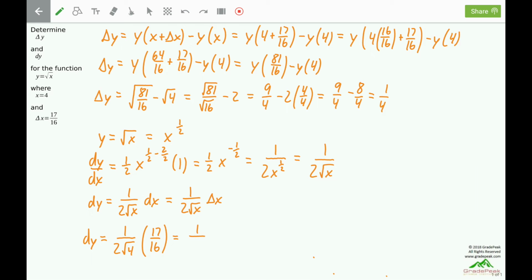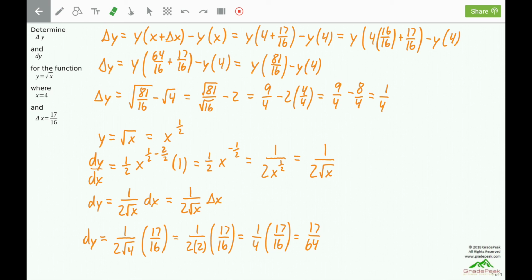So we have 1 over 2 times the square root of 4 is a 2, times 17 over 16. 1 over 2 times 2 is a 4, times 17 over 16. We can multiply the numerators. 1 times 17 is a 17 over, multiply the denominators, 4 times 16 is a 64.